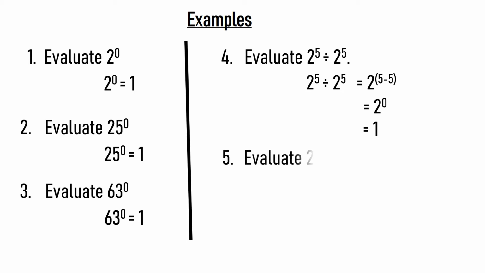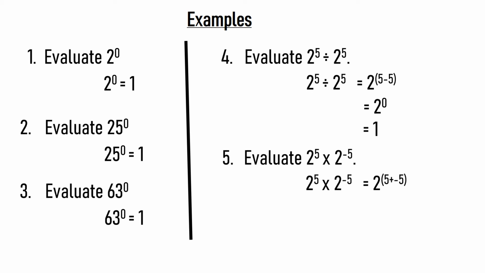Example 5. Evaluate 2 power 5 times 2 power negative 5. Now in this we are going to use our first law of indices, whereby we are going to take the common base and get the sum of the powers as follows.